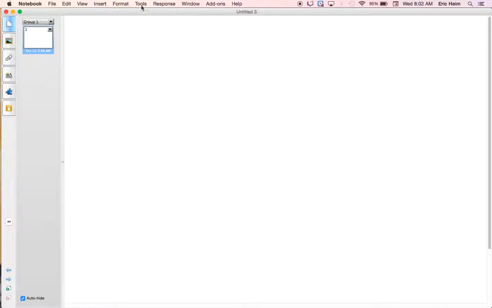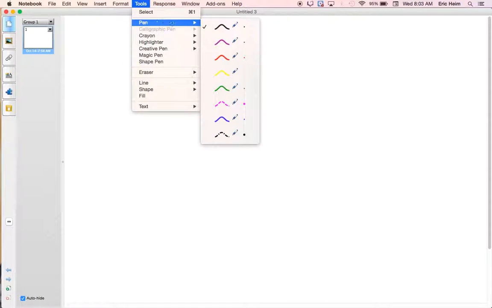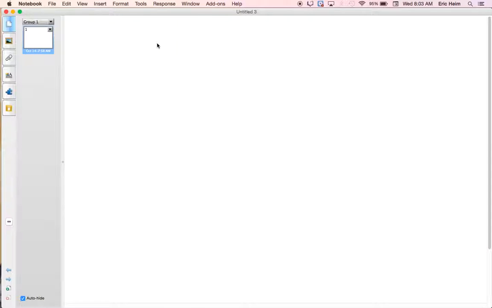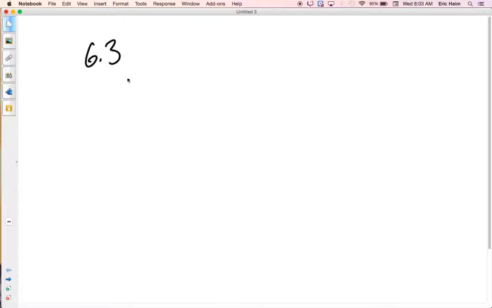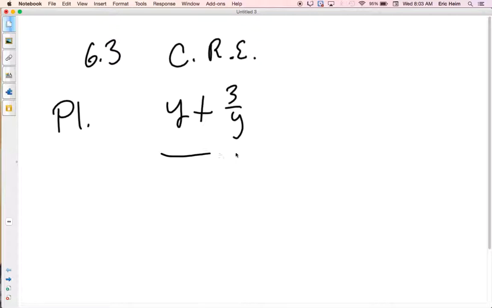Okay, so this is the one where your notes start with 6.3, complex rational expressions. And then you have something called problem 1, and you have written y plus 3 over y divided by 2 over y squared plus 5 over y.